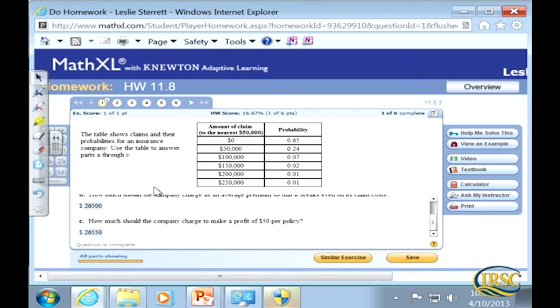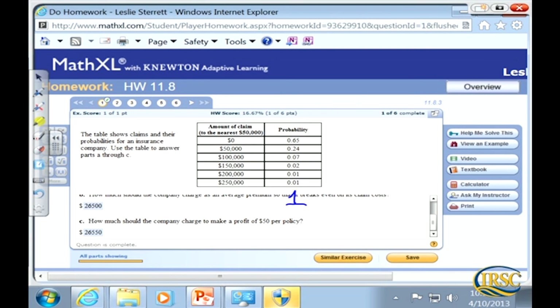Okay, one thing I want to point out before we move on to another problem. Go ahead and add up all of these numbers in the probability column. So you have 0.65 plus 0.24 plus 0.07 plus 0.02 plus 0.01 plus 0.01. What do you get? 1, okay. So this column adds up to 1.